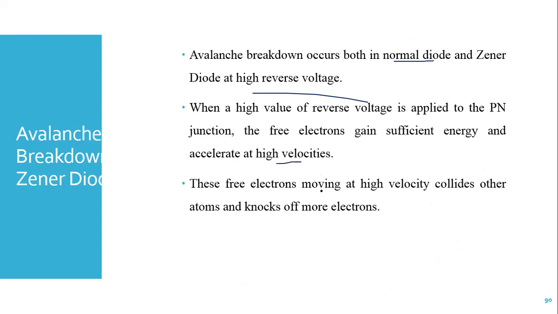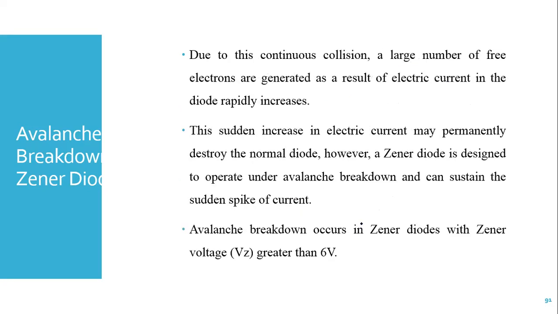These free electrons moving at high velocity collide with other atoms and knock off more electrons. Due to this continuous collision, a large number of free electrons are generated. As a result, the electric current in the diode rapidly increases. This sudden increase in current may permanently destroy a normal diode. However, a Zener diode is designed to operate under avalanche breakdown and can sustain the sudden spike of current.